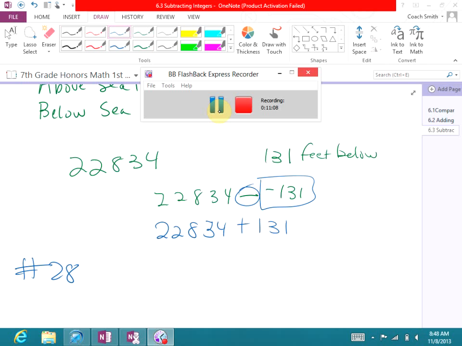Okay, there's the actual number answer, and there's an explanation of part of an answer.